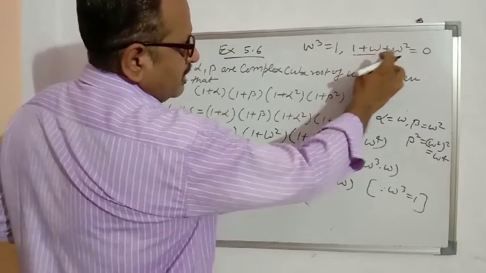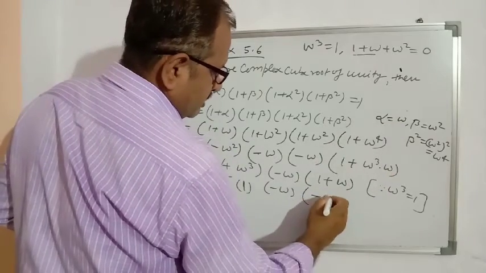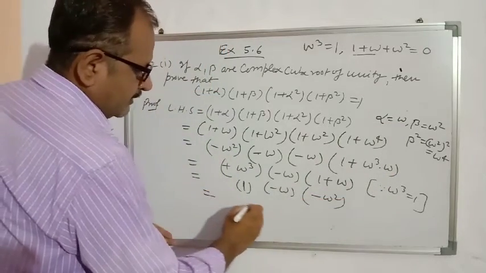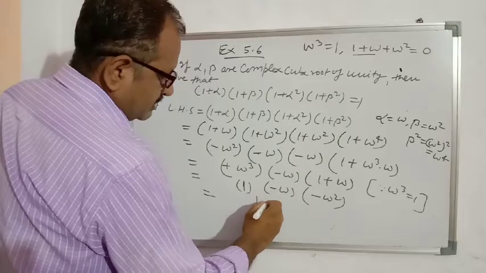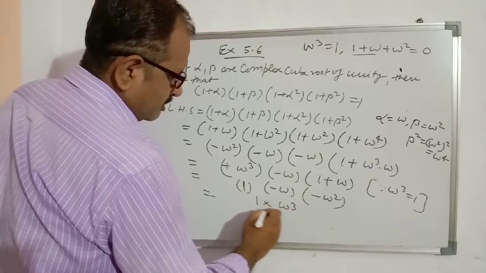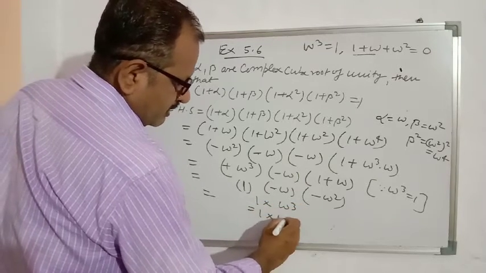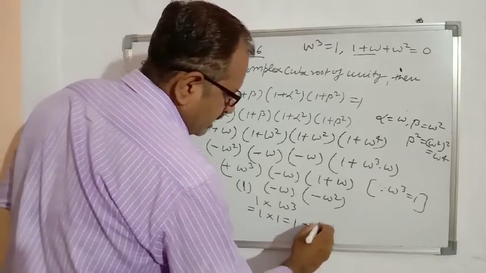What is 1 plus omega? Transpose: minus omega square. Minus into minus, plus omega cube. Omega cube is 1, so 1 into 1 is 1, which is the RHS.